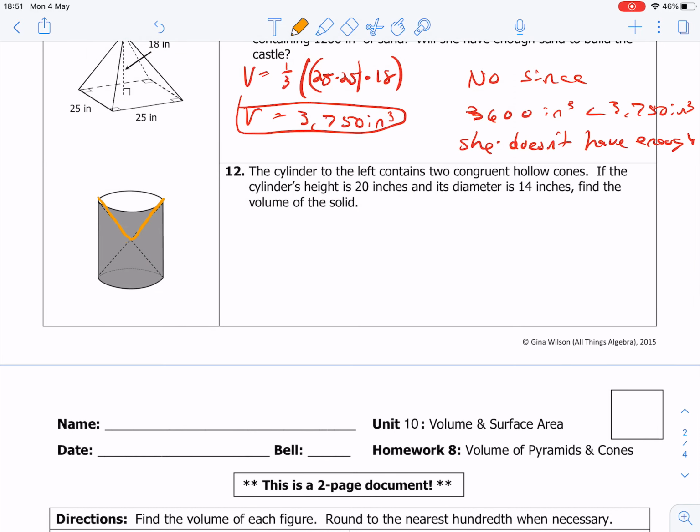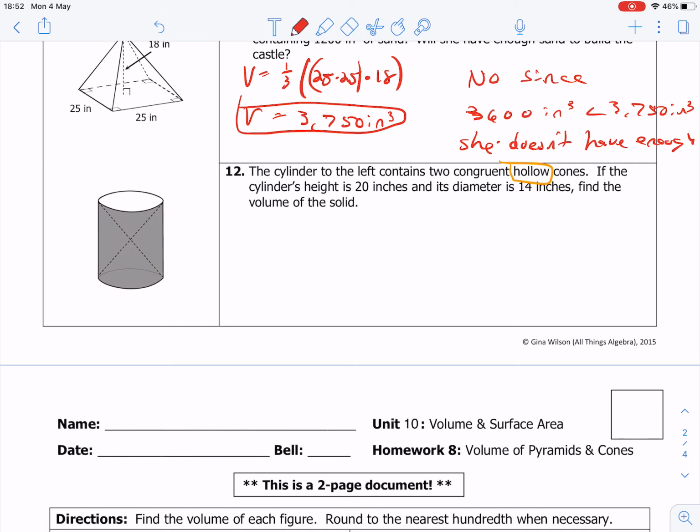Let's say these are our cones, because they are. These are empty. Hollow means empty, nothing in it. So we are trying to find the volume of the red. The trick is, we can just take the volume of the whole thing and subtract the volume of the 2 cones. And that will give us the red part.